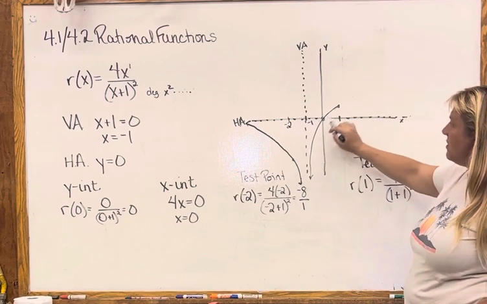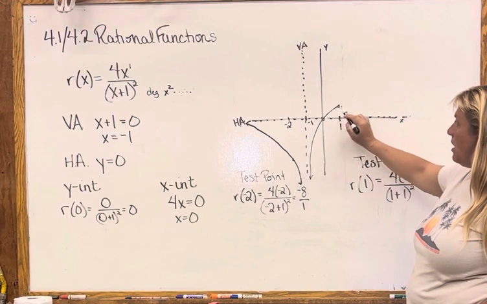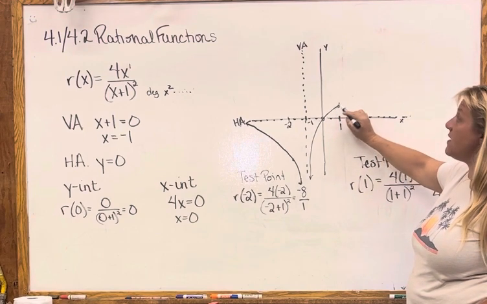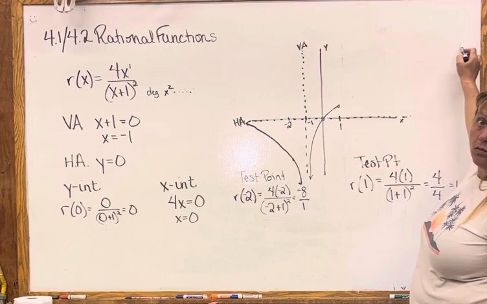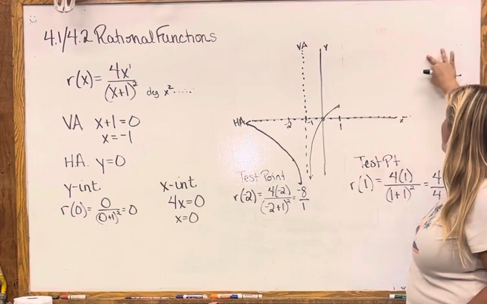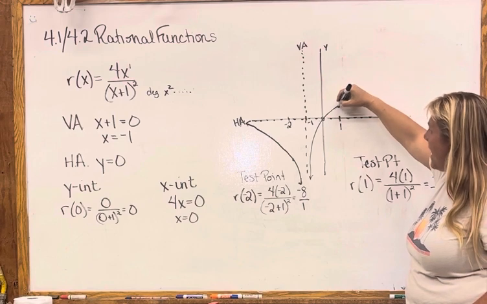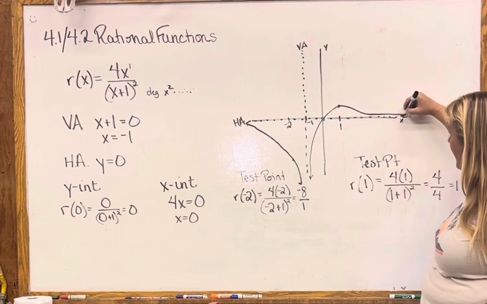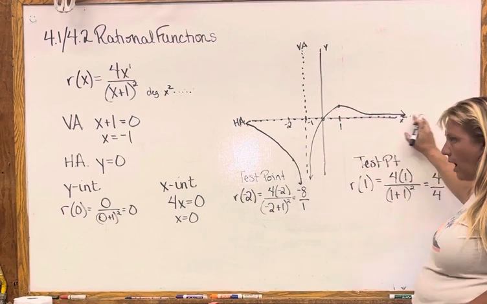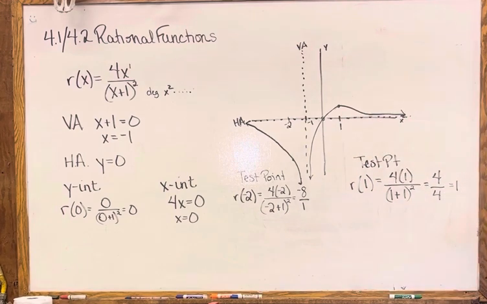We crossed the asymptote, but because of the definition of an asymptote, this thing doesn't continue to grow. It has to eventually come down and hug this asymptote. So it's going to eventually come back down and reach towards the asymptote.